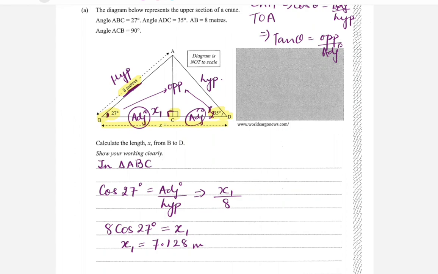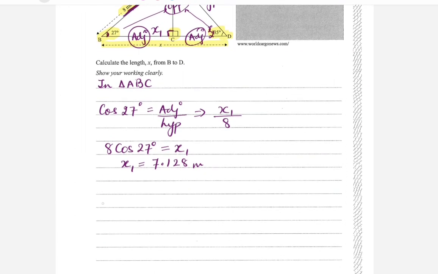Now we have got the adjacent, x1. Let's find the opposite. All right. Let's have the opposite as y. So here we will use sine, because we are finding the opposite. Sine 27 degrees is equal to opposite over hypotenuse, which is y over 8.